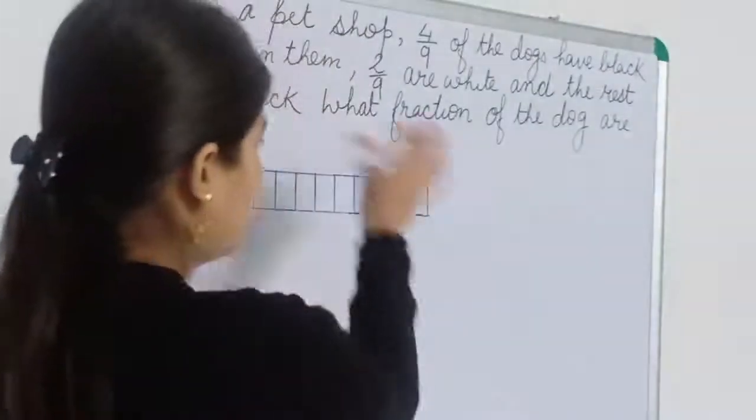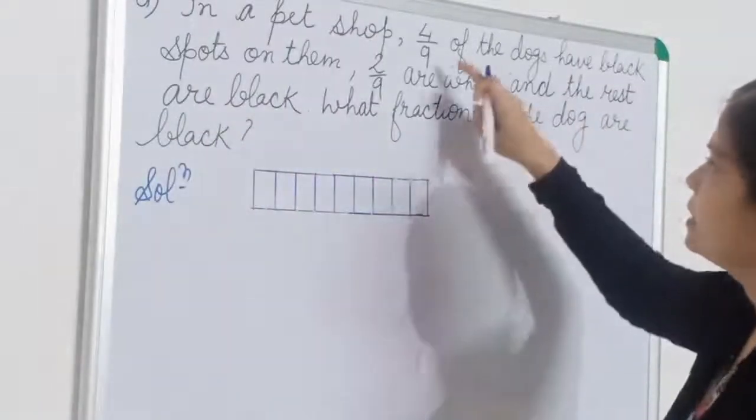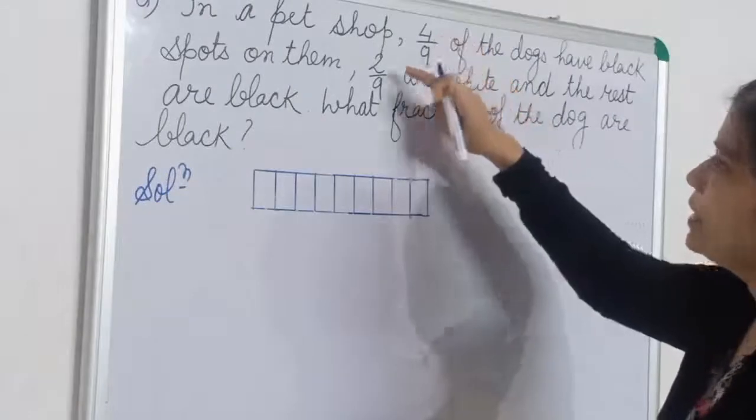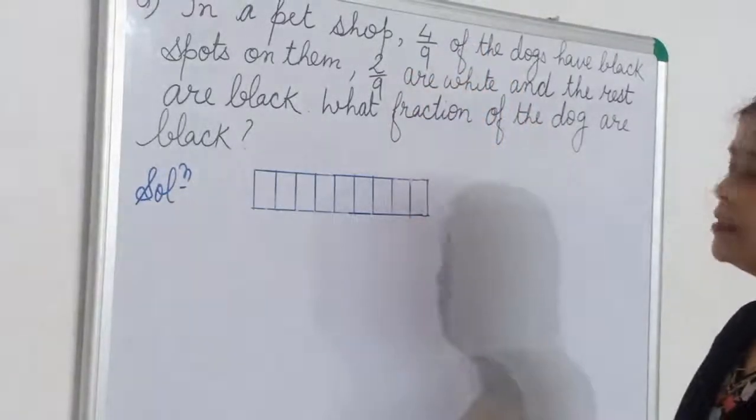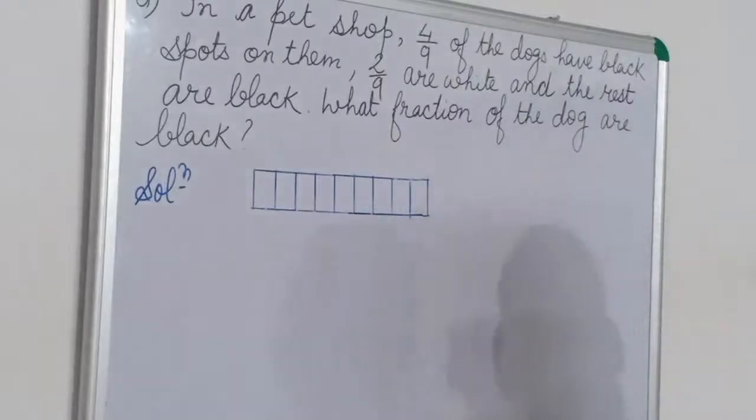We have divided this total number into 9 equal parts because the given fractions are 4 by 9 and 2 by 9. In the denominator it is written 9, so we have divided into 9 equal parts.